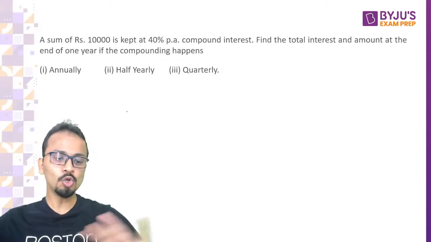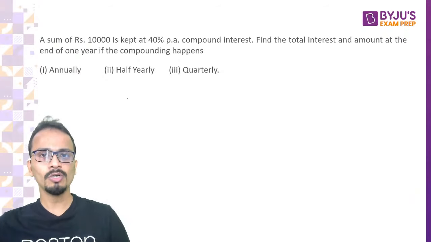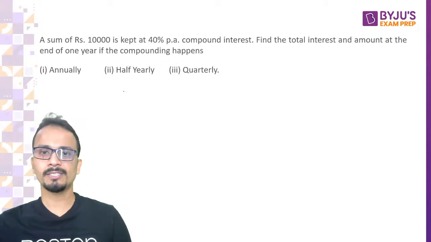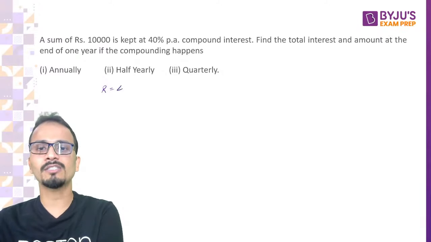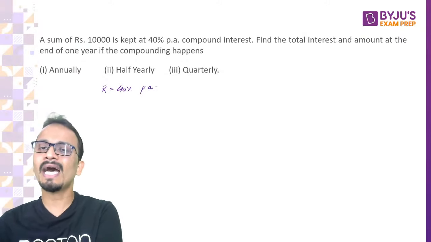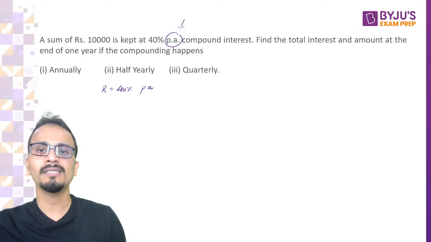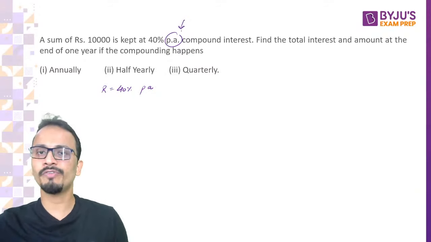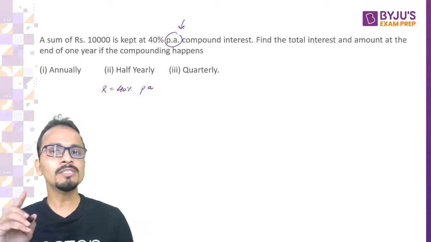Now there are certain things. Obviously there is no need to run towards the formula in this case also. If I look at the basic things, the total rate of interest is given as 40%, but this rate of interest is for the entire year. You can see this important thing at the end of this rate of interest, which is 40% per annum. Per annum means per year.